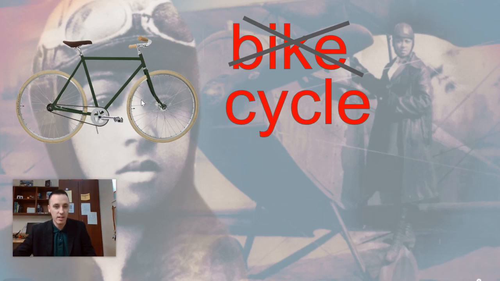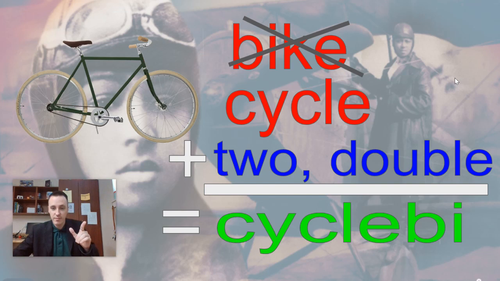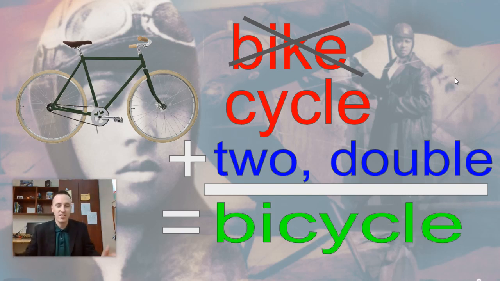Doesn't have one like a unicycle, doesn't have three like a tricycle, doesn't have a motor like a motorcycle. So go cycle. What is our prefix that means two or double? We had mono for one or single, two or double, that was bi. So we have a cycle bi. Nope. Remember, it's prefixes. So we're going to the beginning. Bicycle. There's a nice familiar word. It's a two cycle, two wheels.